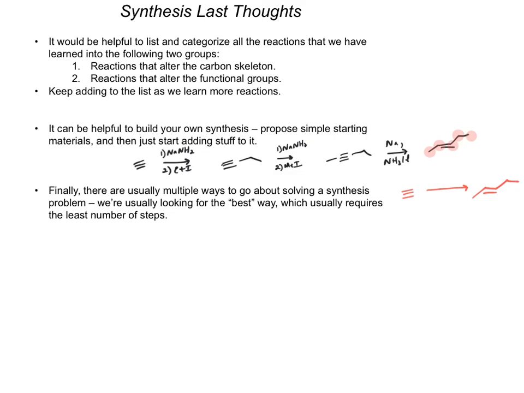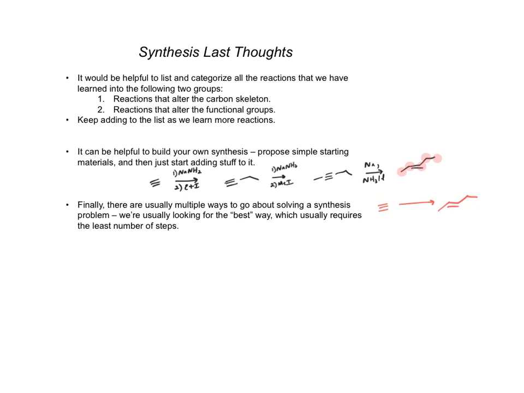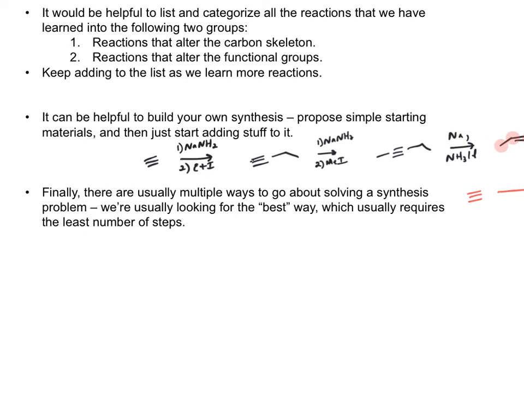And then finally, a couple of things to note. One last thing is a lot of times when we deal with synthesis, there is going to be more than one way that you can go about solving a problem. That last problem had 6 steps in it, which was pretty long. You're going to find problems that are long like that. But ideally, what we're looking for is the most efficient pathway to get from starting material to product.